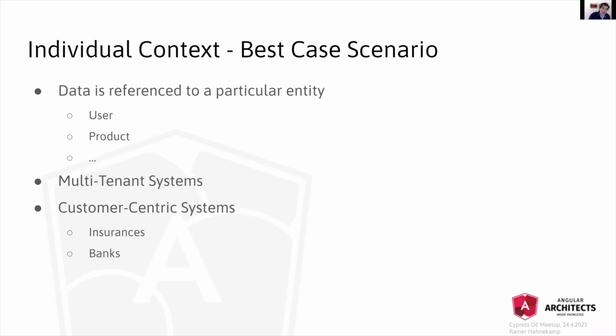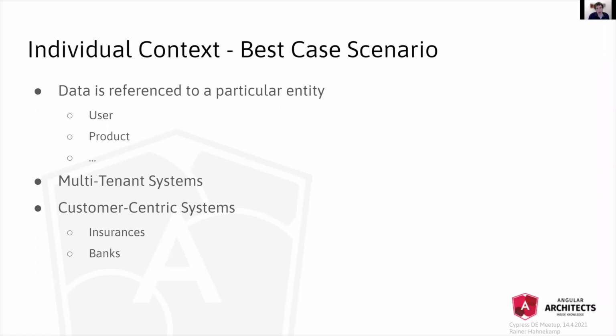We often find this in multi-tenant systems. Say we are a website providing an administration for sports clubs. Then each sports club needs to log in, and then we are in the individual context.